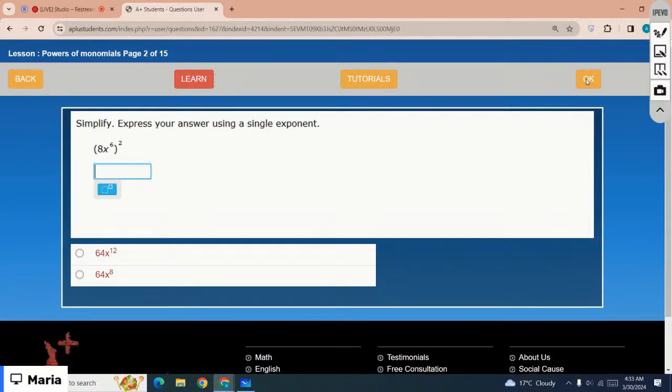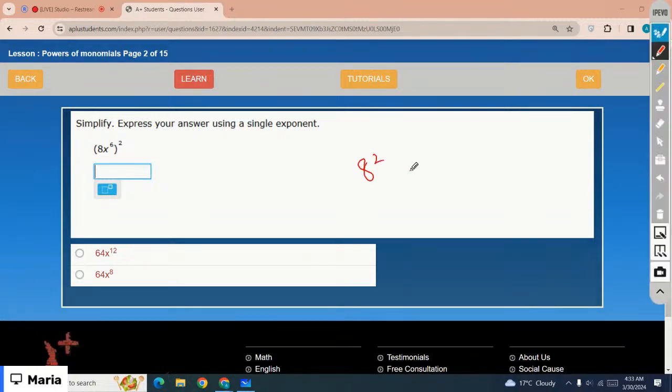Okay, the next one is 8x6 whole square. So which is the correct option? 8x6 square, right? So 2 is the exponent of 8 and x6 also, right? So that is 8 square means 64, and you have to do x6 times 2. So that is 64x12.